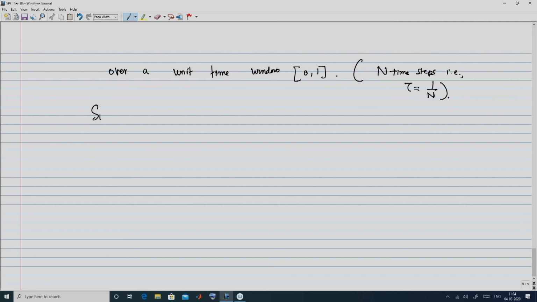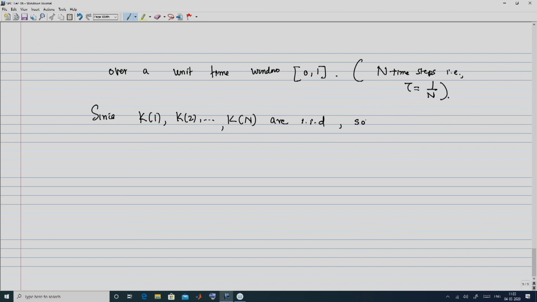Now, since your original returns K1, K2 all the way to capital Kn were IIDs because they were modeled through the binomial model, they were independent because we assume that the change in the asset price between any two consecutive time steps is independent of each other, and they of course follow the identical binomial distribution.